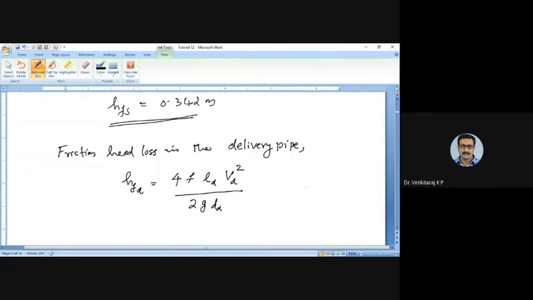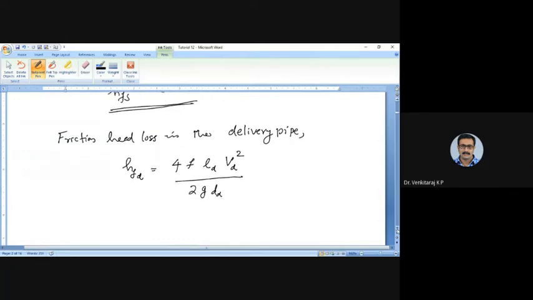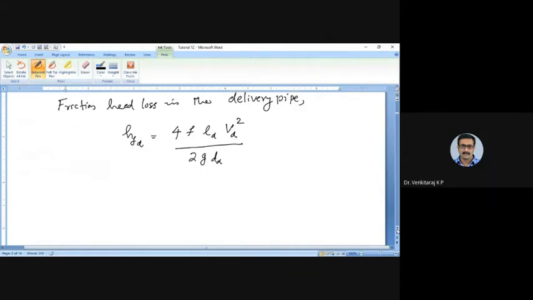Again, velocity we can calculate by putting the previous equation that we have written for the velocity in the suction pipe. Only thing we have to substitute is the diameter of the delivery pipe. So in this case, both the diameters are equal, so the area and the velocity will be the same.